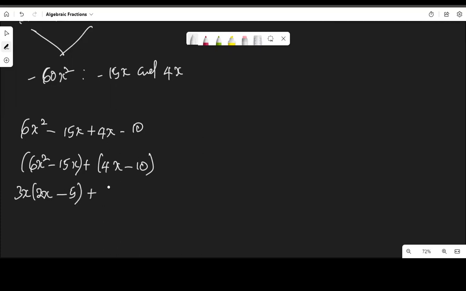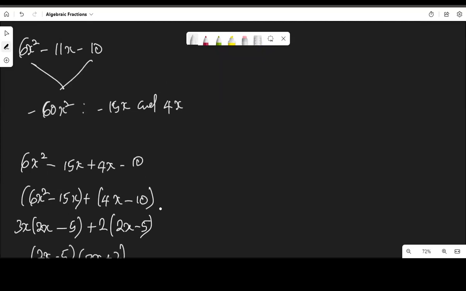Plus, in this second bracket, 2 is common. 4s divided by 2 is 2s, and 10 divided by 2 is 5. So I have a common factor 2s minus 5. 2s minus 5 as my common factor, then I group this and this together: 3s plus 2.